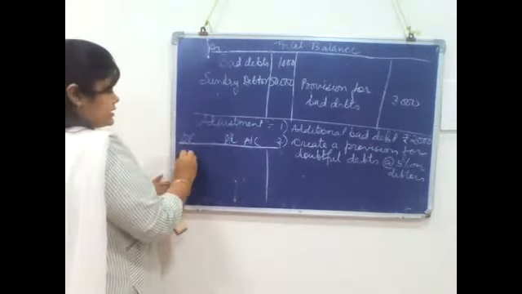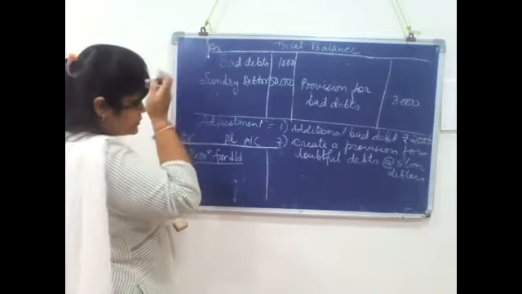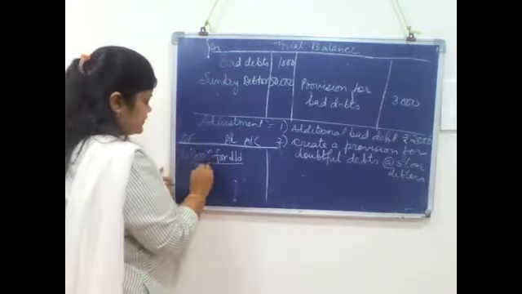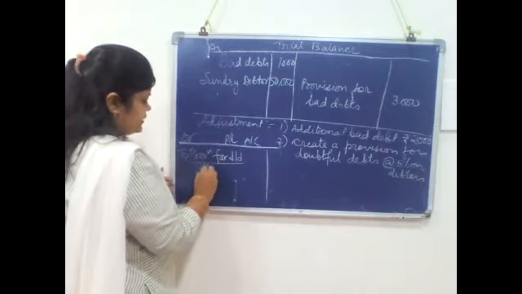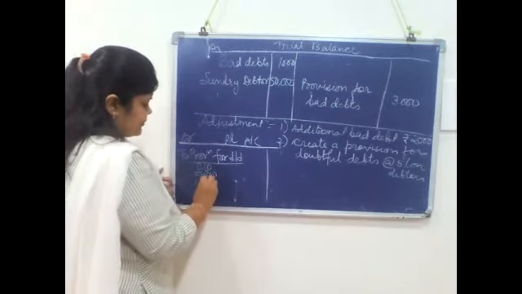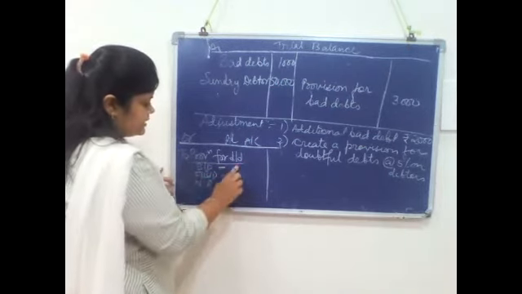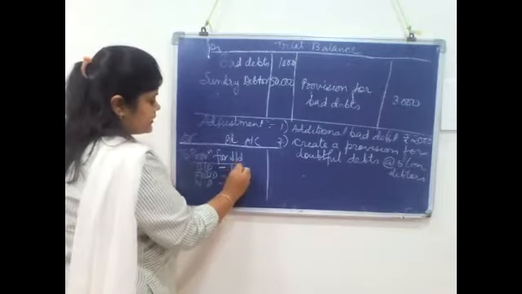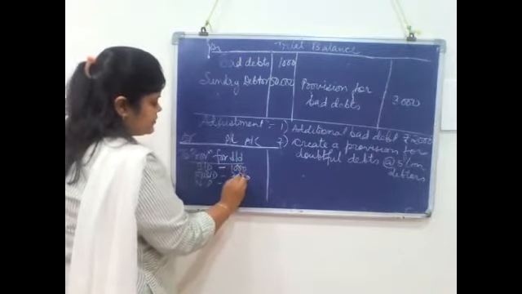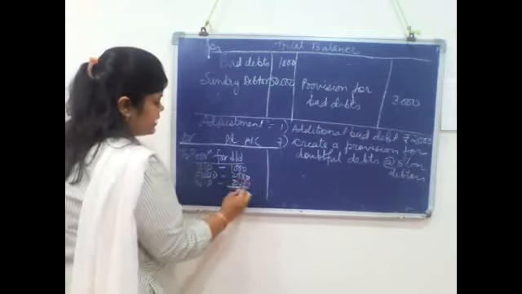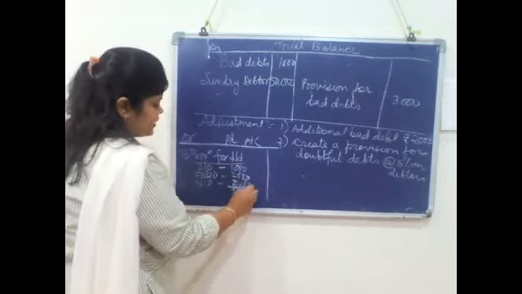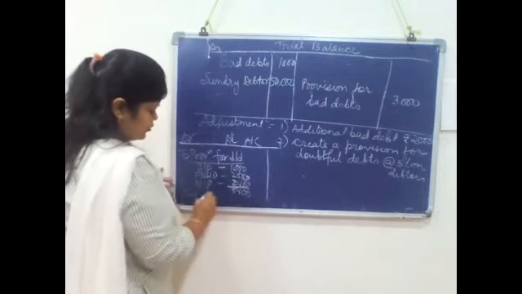Please use full forms; I don't have space, so I'm using shortcuts. Under provision for doubtful debts, you will write bad debts, further bad debts, new provision, whatever be the amounts. I had done the calculation: it was 1,000 plus 2,000 plus 2,400. And from this 5,400, you will deduct the old provision.